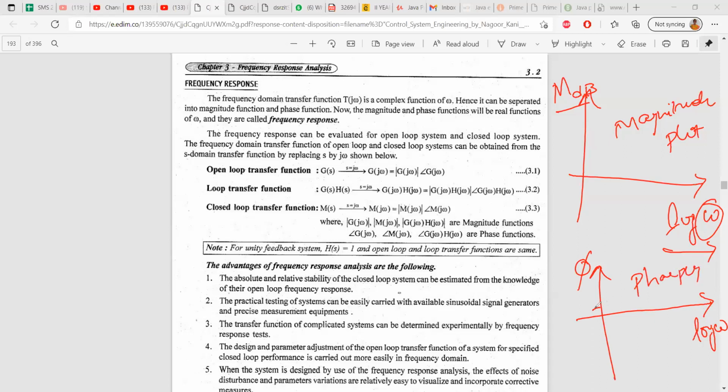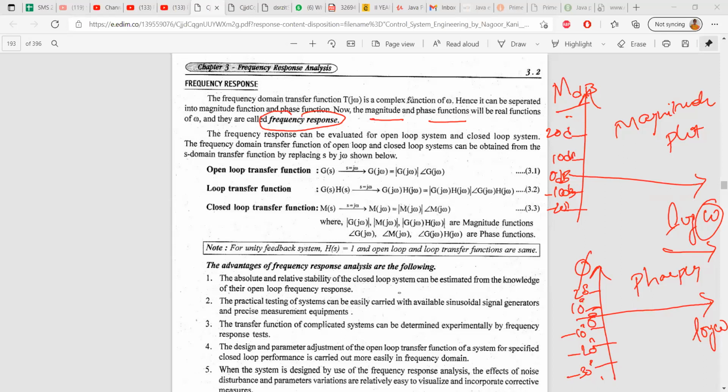Here the angles are 0 degrees, 10 degrees, 20 degrees, and here minus 10 degrees, minus 20 degrees, minus 30 degrees, and so on. Here also it is 0 dB, 10 dB, minus 10 dB, minus 20 dB, and 10 dB and 20 dB like this. So the frequency response is the combination of magnitude and phase plots, right?